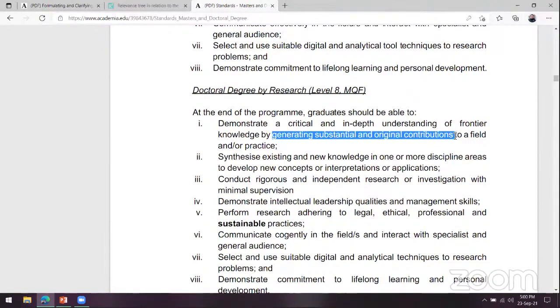That is what guides us in Malaysia. So you need to check in ITS or in Indonesia what the scope and criteria are. For generating substantial and original contribution, the supervisors will always tell the students that you have to give us something we call a novelty.